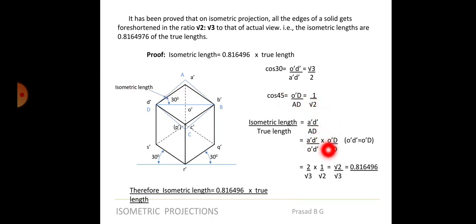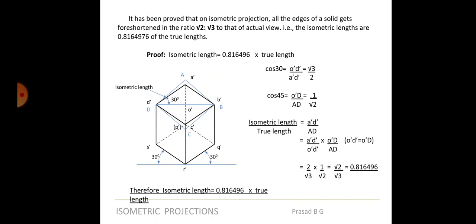Taking the ratio of isometric length A dash D dash divided by true length AD, I am taking it that way because O dash D dash is also equal to O dash D, a common side, as I told you.